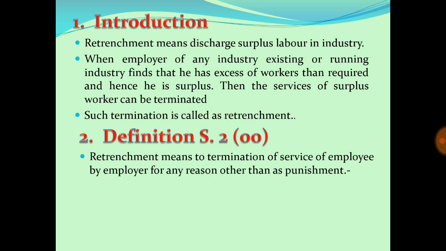The basic thing to remember is that such a worker is in excess of the requirement. So no specific reason is necessary, but the employer must justify how that person is in excess of his need.